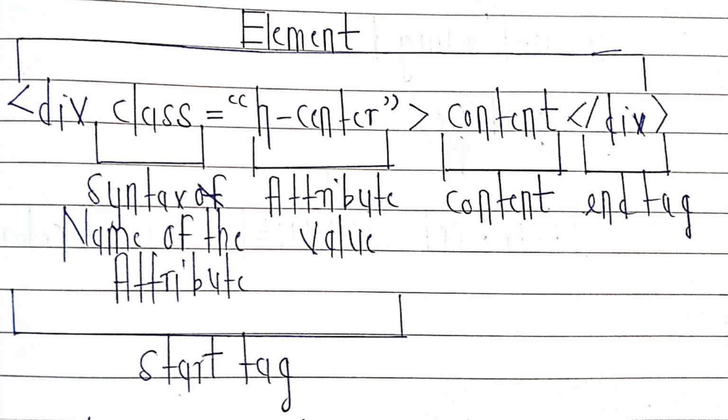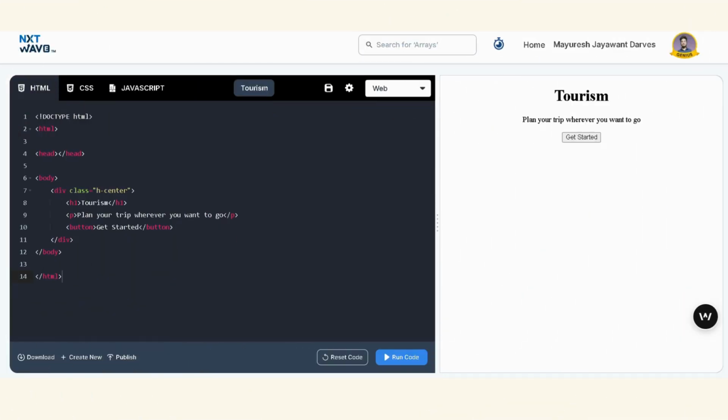Then content is what's inside the element. Then last is the end tag. Attributes like class help us connect these HTML elements with CSS styles later on. Super powerful. So the final output is this.